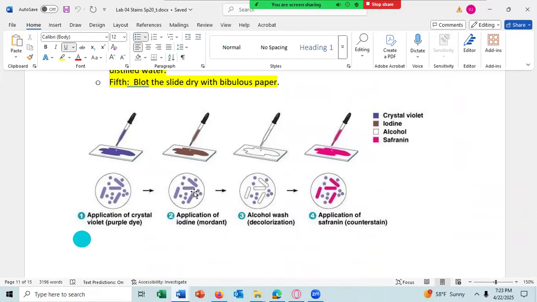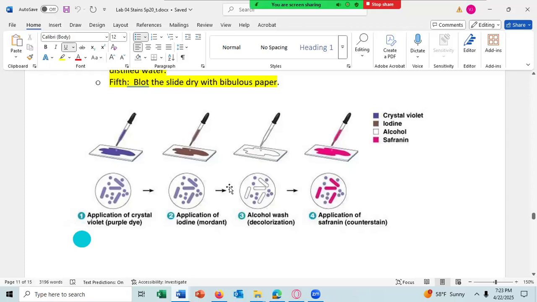The crystal violet iodine complex is a larger molecule than the crystal violet or the iodine alone, and that'll help intensify the color in the cell. It's a slightly different color because the Gram's iodine is a little different color.